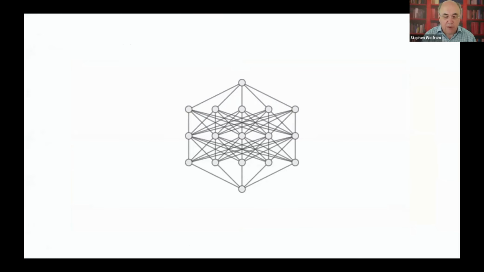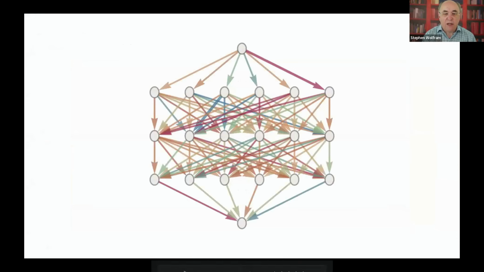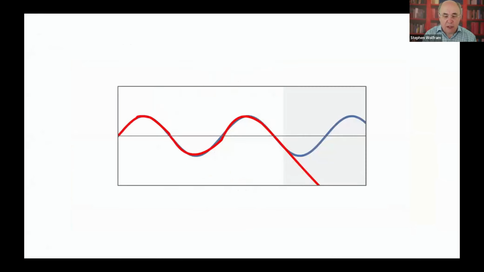So there's a typical simple neural net. There's what it does. There's some weights that it might have. This is a neural net where you're just feeding in a value x at the top. You're getting f of x out at the bottom. And even doing something very simple, like you train the neural net to work out that sine wave, you've got a bunch of values trained over on the left there.